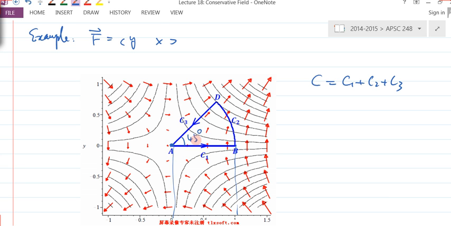So, given these numbers, if you're going to calculate the line integral, say this is the line integral you're required to calculate, then technically what you need to do is C1, C2, and C3, so three segments piecewise. Mathematically, I need the parametric equation for AB, C1, for C2, and for C3.